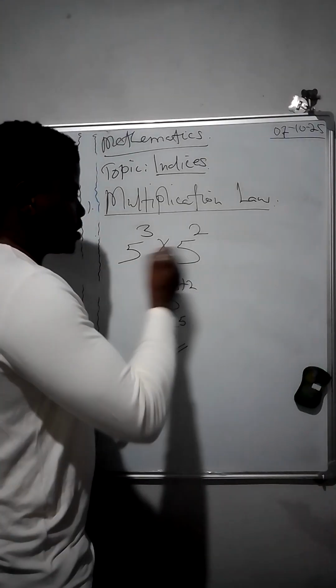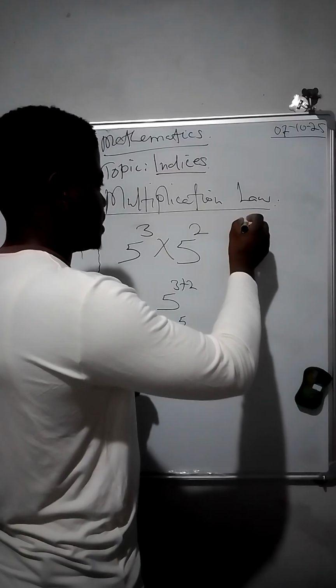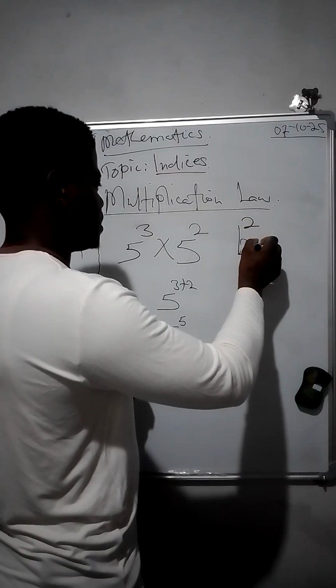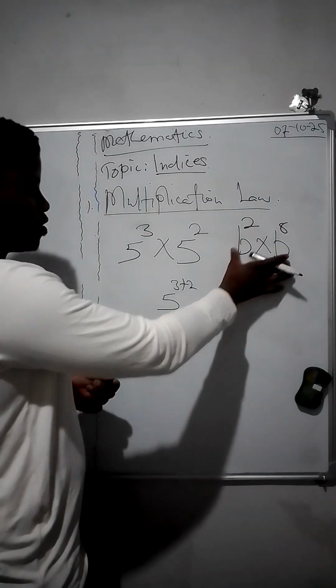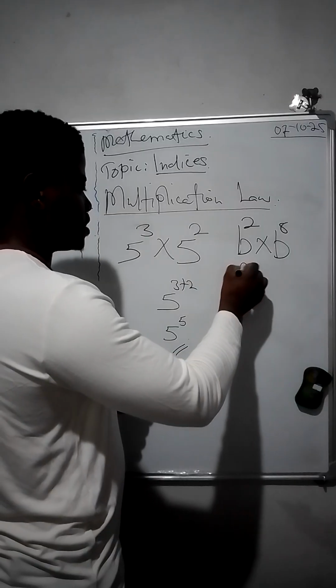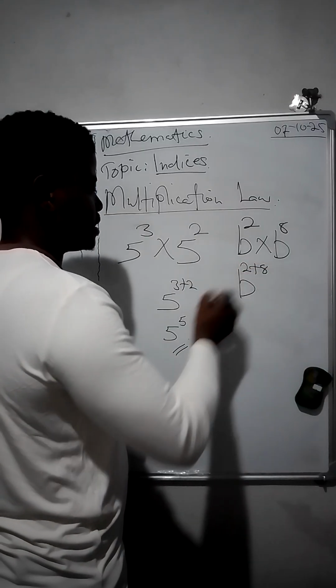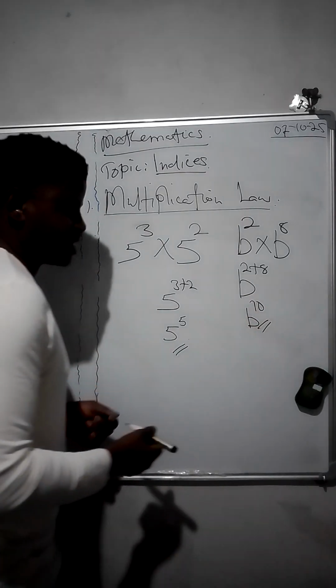Another example is b raised to the power 2 times b raised to the power 8. The bases are the same, so you pick one base, and then you say 2 plus 8, which gives us b raised to the power 10.